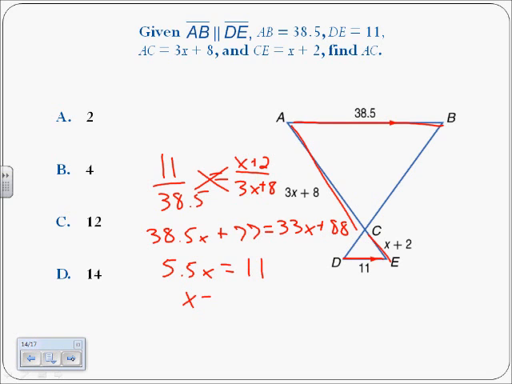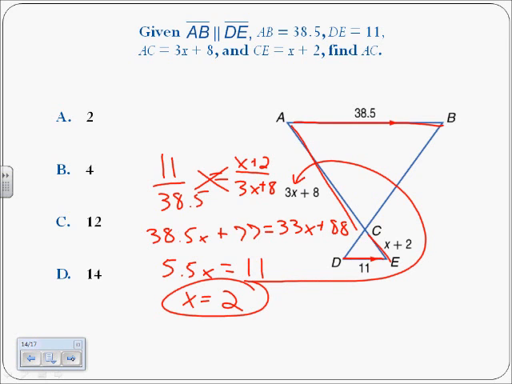Divide by 5.5 on both sides, and x is equal to 2. That's the value for x, though I'm looking for AC. If AC is 3x plus 8, I can plug back in. I'll have 3 times 2, which is 6, plus 8, which is 14, which is our answer of D, 14.